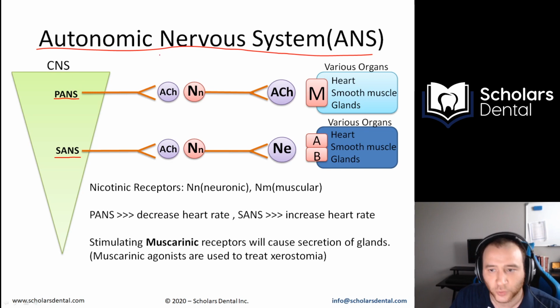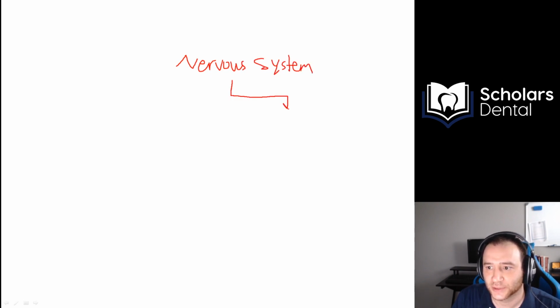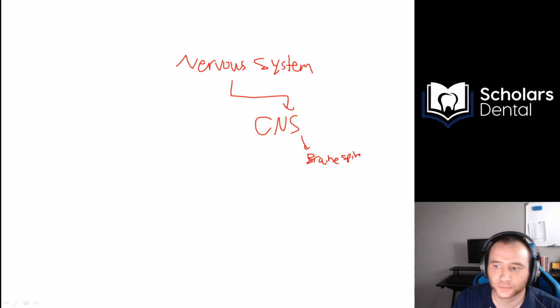So let me show you what we know so far. There's something called the nervous system, which is actually all of it. The nervous system is split into the CNS, the central nervous system, which is basically the brain and spinal cord.